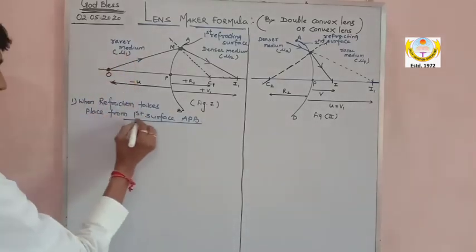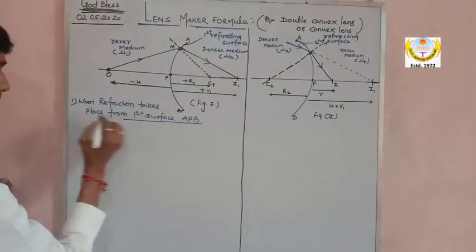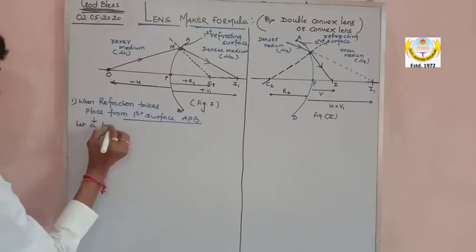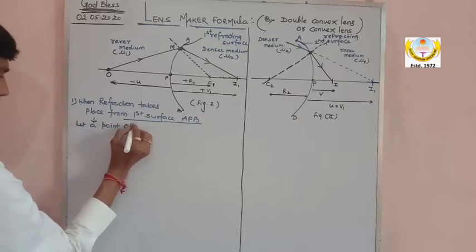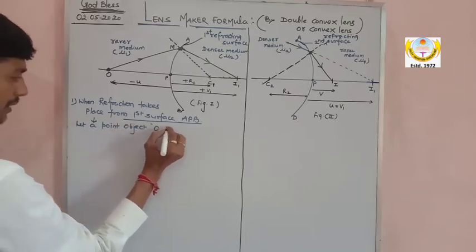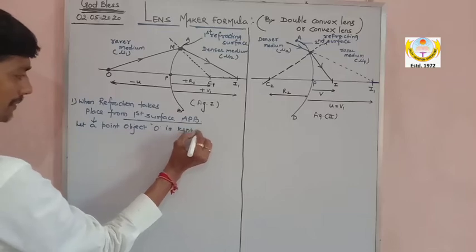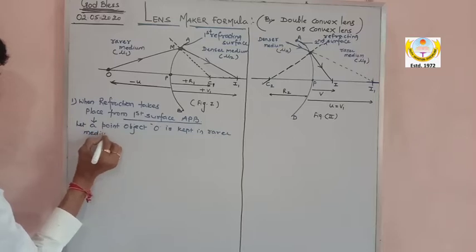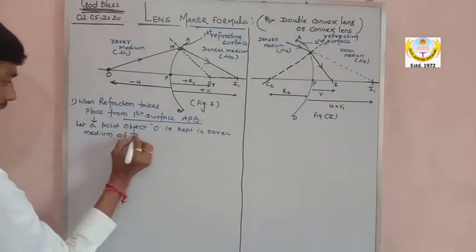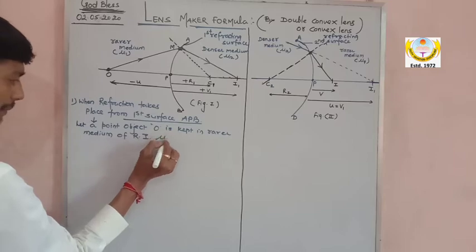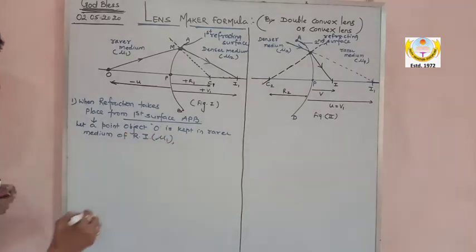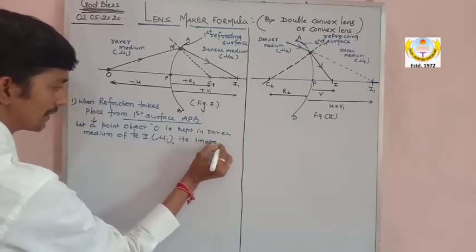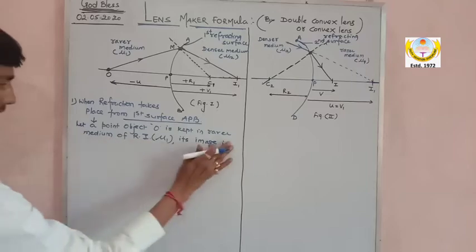So when refraction takes place from first surface APB, let a point object O be kept in rarer medium of refractive index mu1. Its image is obtained. What is the name of the image?